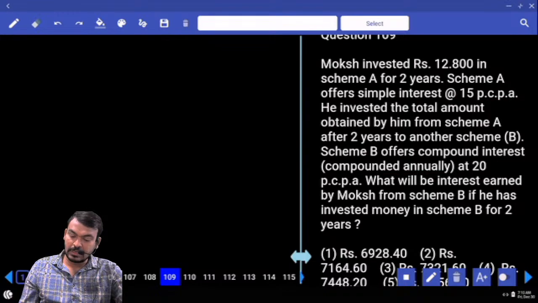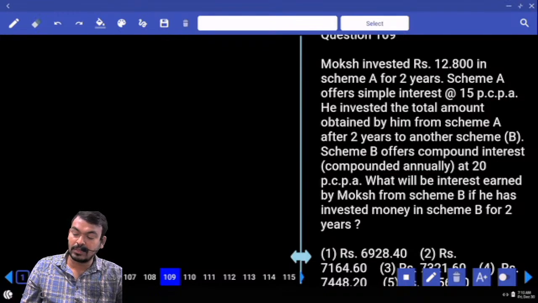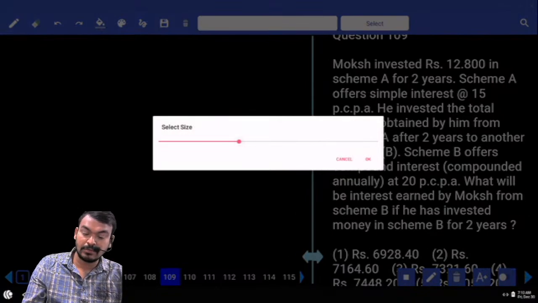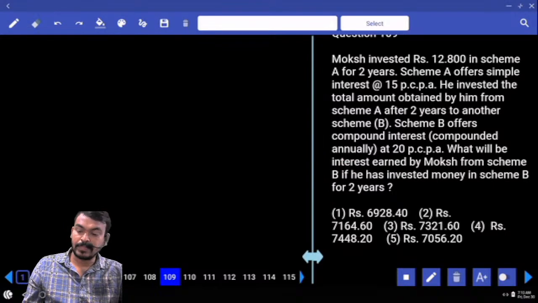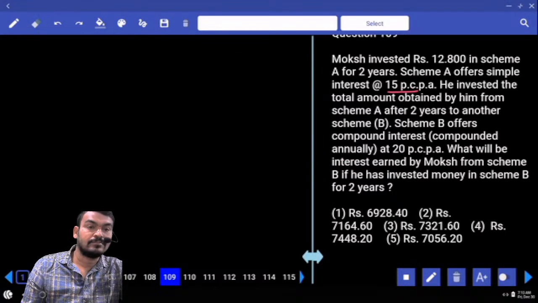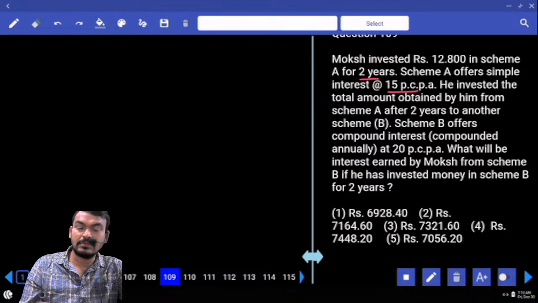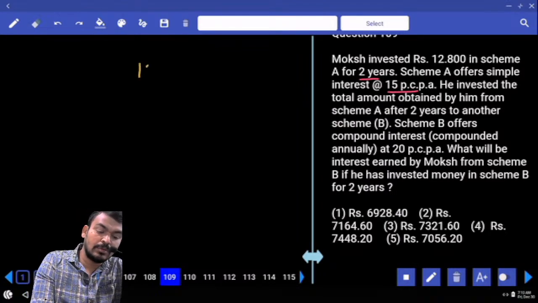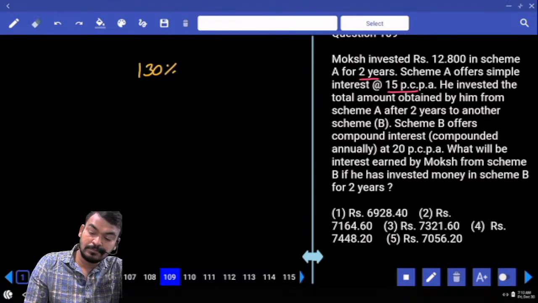What will be the interest earned by Moksh from scheme B if he invested the money in scheme B for 2 years? We require the interest from scheme B or scheme A? Scheme B. What is the rate percent in scheme A? 15%. The time period is 2 years. Interest 30%. The amount will be 130% of which one?